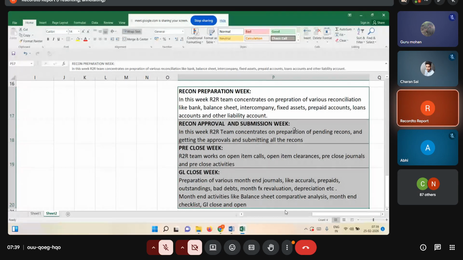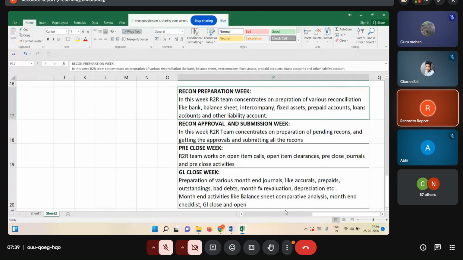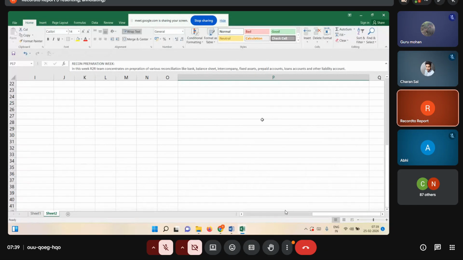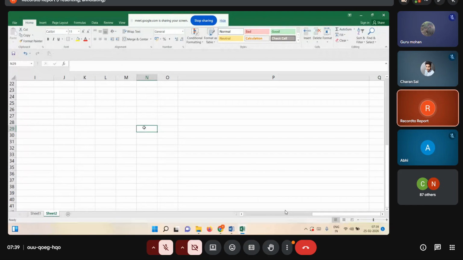See, here everyone will get a doubt: do we need to perform all these reconciliations from one person? No, guys. R2R is one tower, and internally it is divided into different teams.